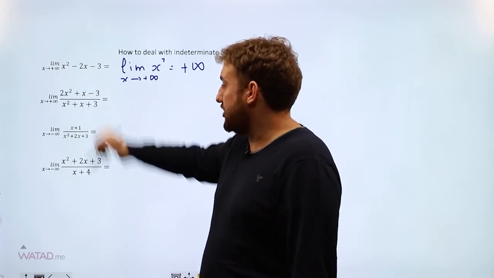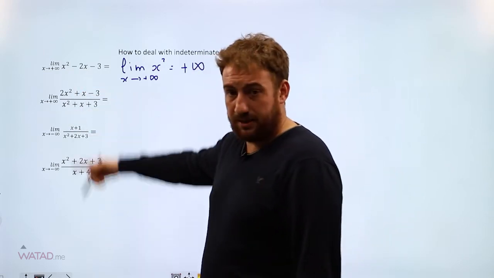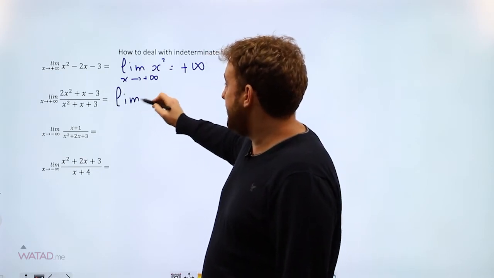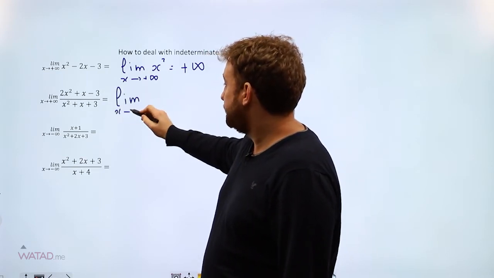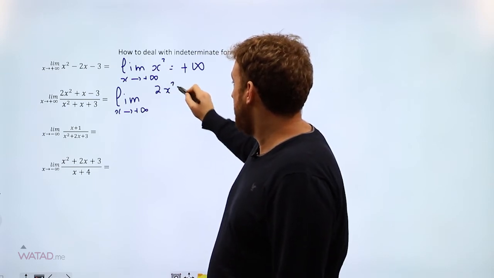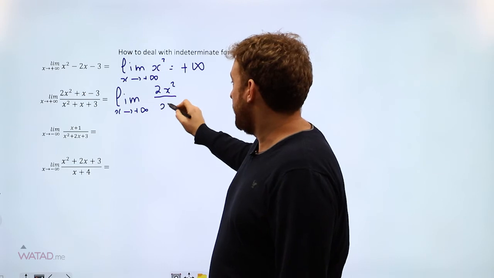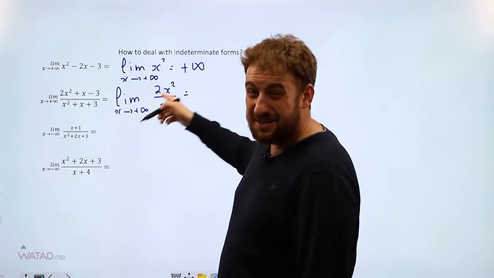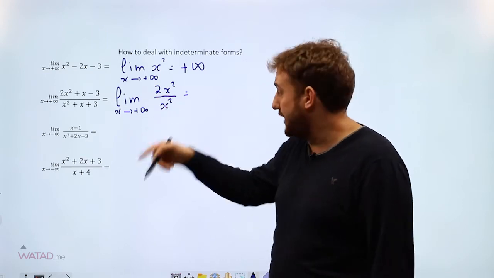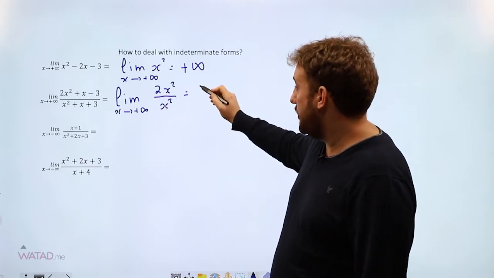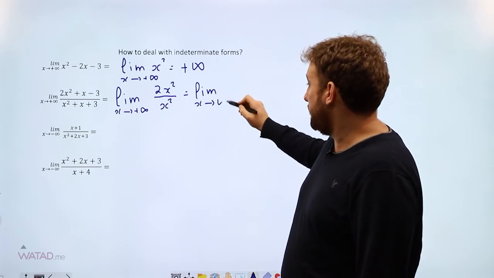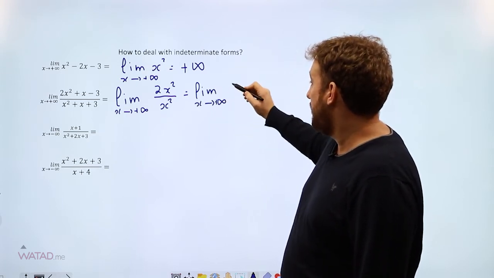Here, whenever you have a rational function, which are the cases for the 3 other functions, you will take the highest degree for the numerator and the highest degree for the denominator. So we will have 2x squared over x squared. And first you simplify, guys. If you replace here, you will have infinity over infinity again. So first you simplify. So you will have the limit as x goes to plus infinity of 2.